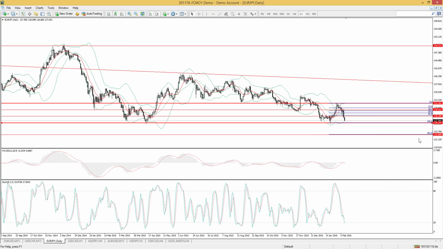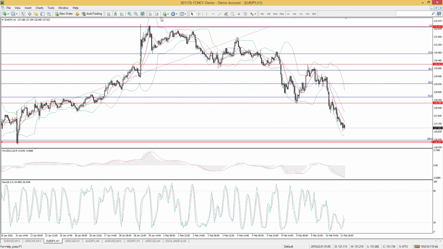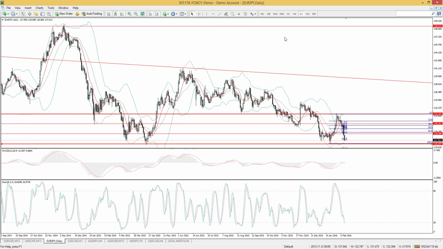And do you think that the immediate target though stands at the 125 level? As an immediate target, 125, yeah. If you look at it overall, historically the 125 level has been a more important level than anything else.